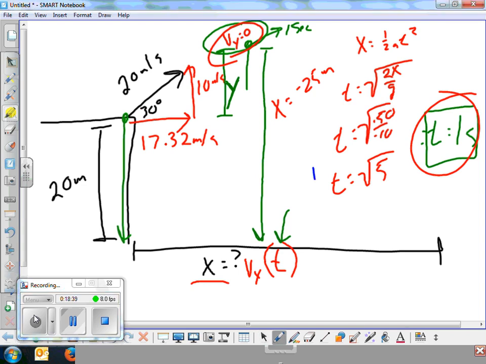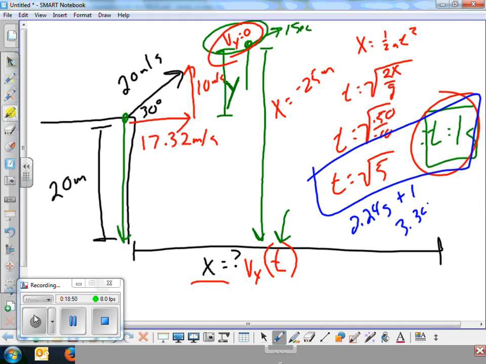So these two times together are the total time. So 2.24 seconds plus 1 is 3.34 seconds.